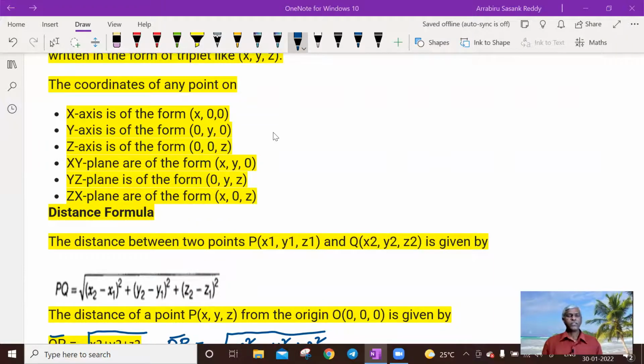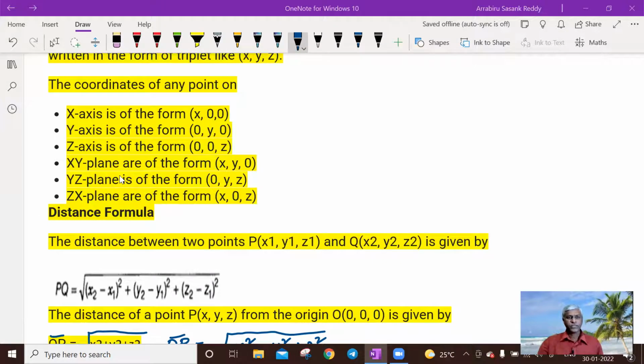Like that, in 3-dimensional geometry also, for any point on the x-axis, only the x coordinate will be there and the y, z coordinates are 0. Similarly, for a point on the y-axis, only the y coordinate will be there, the remaining x and z will be 0. Similarly, on the z-axis, only the z coordinate is there, and the x coordinate and y coordinate will be 0.